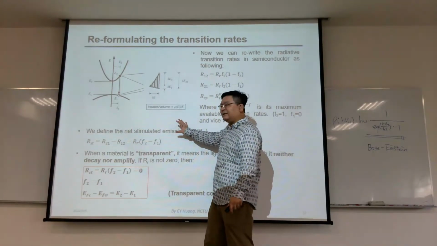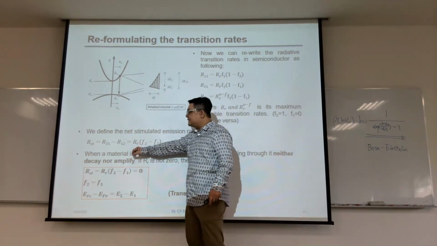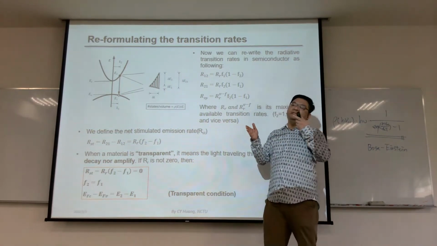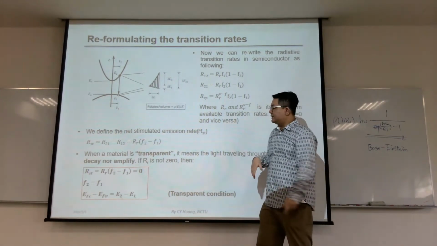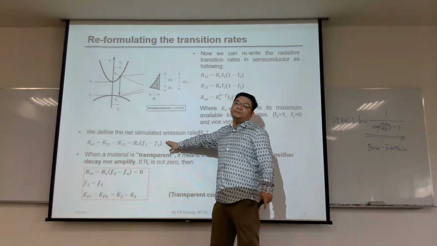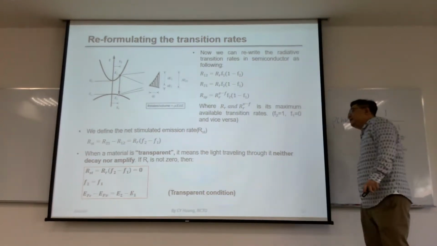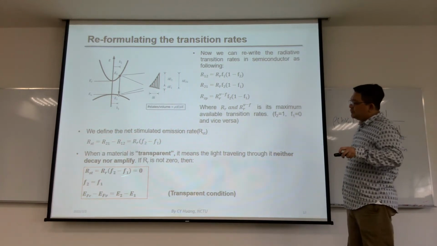However, even if you have a certain density of states here, it is still possible for a specific light to come in and leave with the same intensity. That only happens when F2 is equal to F1. So that's another transparency condition for a semiconductor.